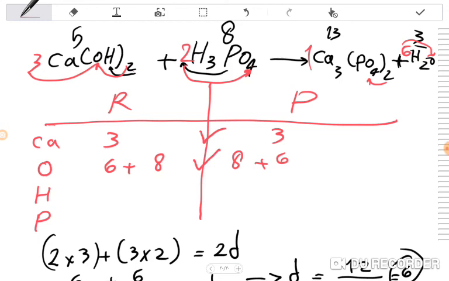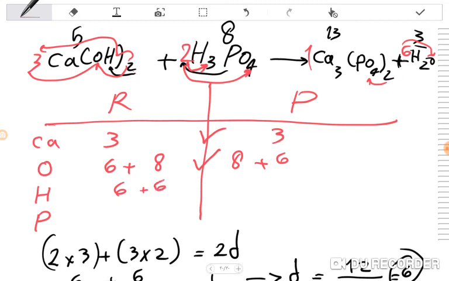Number of hydrogen, left side: 2 times 3 is 6. Right side, okay? Excuse me, I apologize, I forgot 8. 2 times 3, we have here again hydrogen is 6 plus 6 is 12.